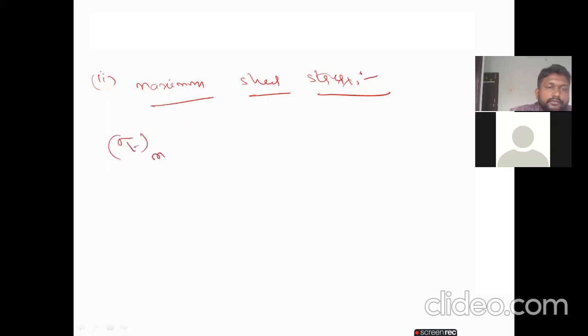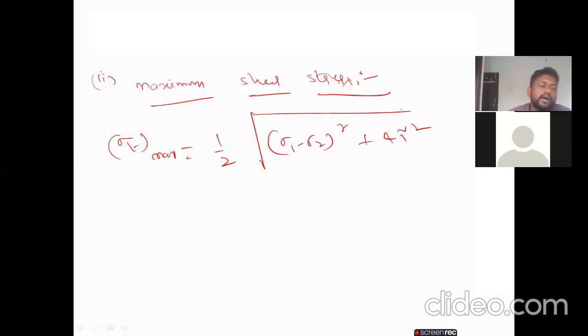The next step, maximum shear stress. The second one in the examination, they asked the maximum shear stress. Tau max equals 1 by 2 square root of (sigma 1 minus sigma 2) whole square plus 4 tau square. So we know all the values.